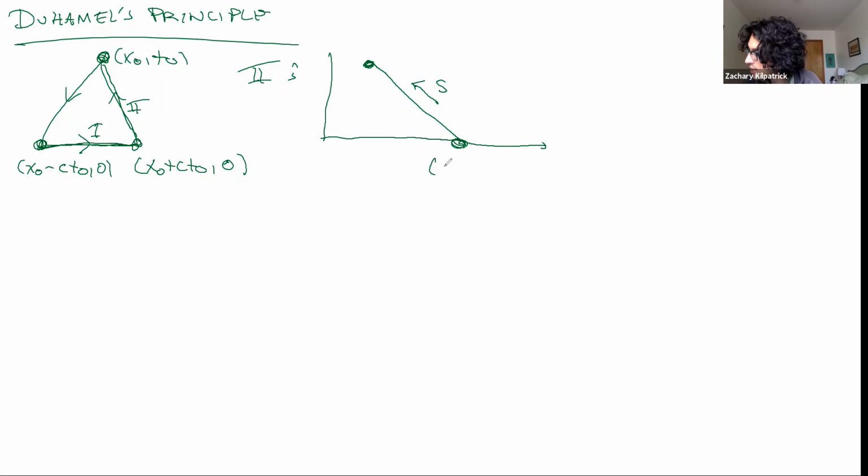Okay. So if I'm starting here at x0 plus c t0, 0, and I'm going up to x0, t0, I have two choices, or, you know, I actually have an infinite number of choices. But usually what you want to do in this case is just call one variable s, if you can, or some simple manipulation of s.